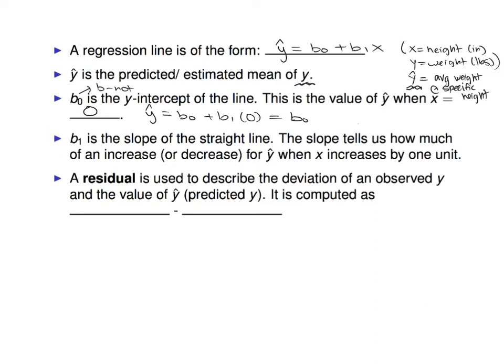You can see that you've got kind of a b plus mx form if you think back to algebra 1. The slope tells us how much an increase or decrease for y hat when x is increased by 1 unit. We talked a lot about how to interpret the slopes of these lines. Remember, it's change in y over change in x. So to find the units of the regression line, you look at y's units over x's units.